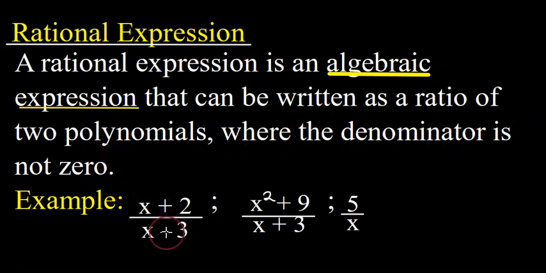The moment your denominator is zero, it's no longer a rational expression. Likewise, is x squared plus 9 all over x plus 3 a rational expression? And finally, 5 over x is a rational expression.